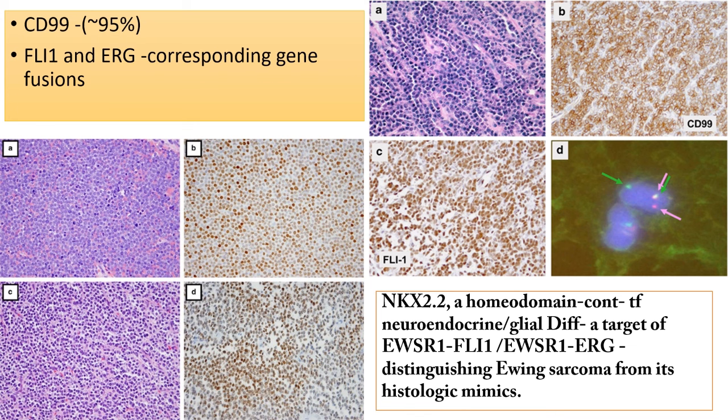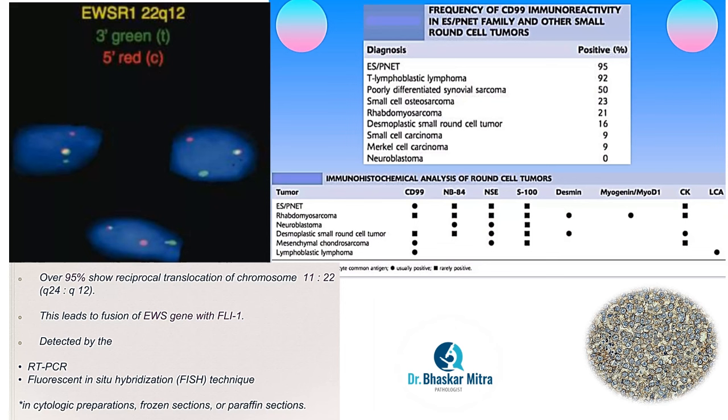It mainly targets the EWSR1-FLI1 or EWSR1-ERG genes, distinguishing Ewing sarcoma from its other histological mimickers. So CD99 along with NKX2.2 will help you ensure that this tumor is in the Ewing group of tumors, and these are the corresponding genes for the fusion genes.